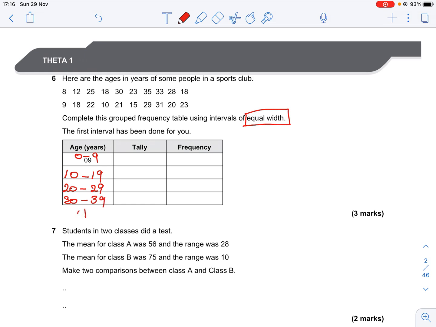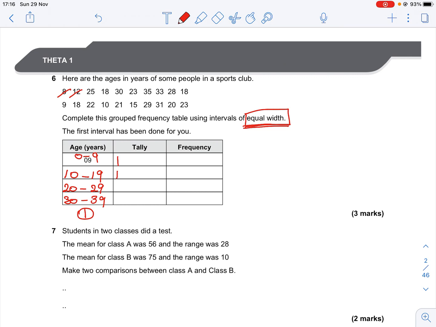You get your first mark by giving the correct intervals. You must write 39 on the last one because it says equal width. Then for the tally, we cross 1 out, so 8, and we're filling 1 in.